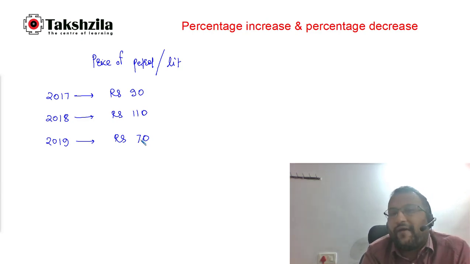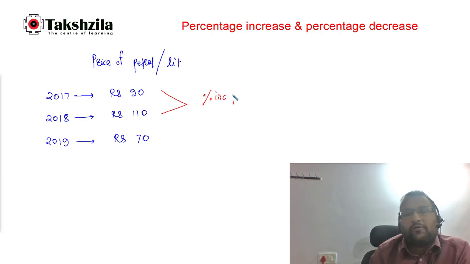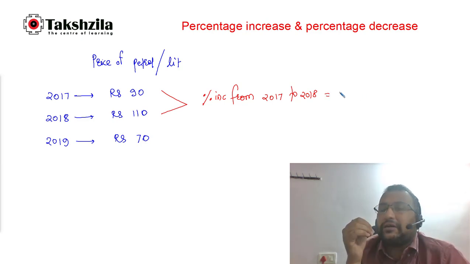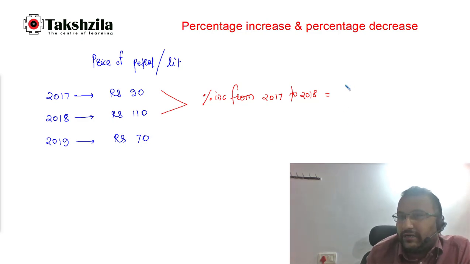So over here, how to find percentage increase and percentage decrease? Let's have a look at it. We need to find the percentage increase from 2017 to 2018. So in the price of petrol per liter, how much increase is there in terms of rupees? 90 rupees becomes 110 rupees, meaning it is an increase of rupees 20.